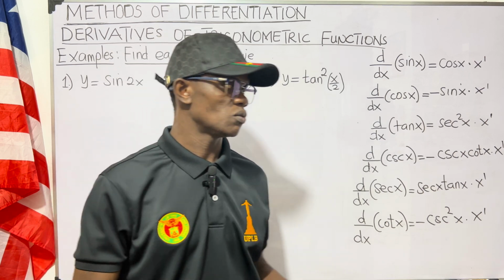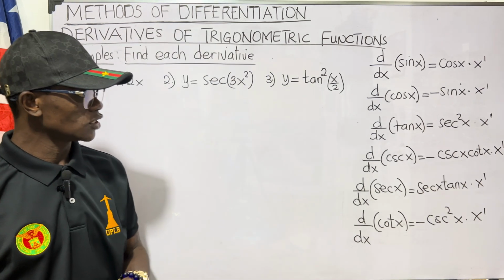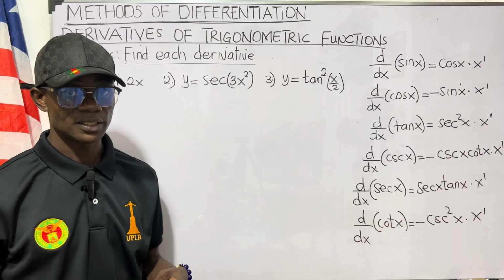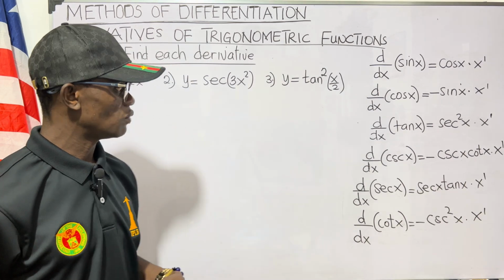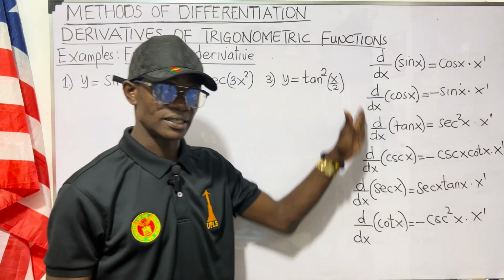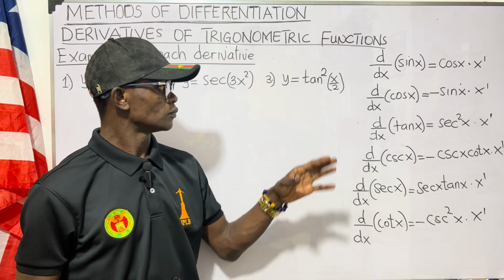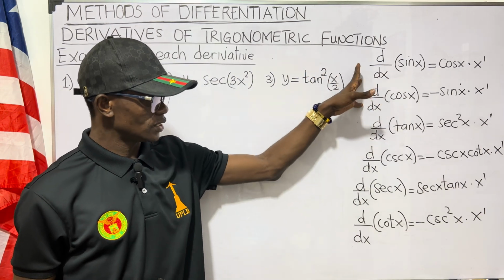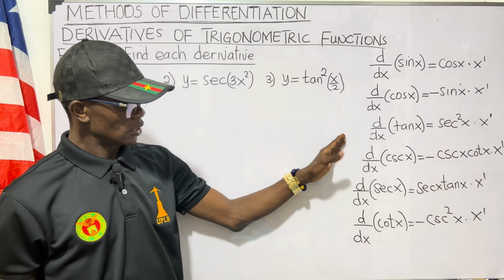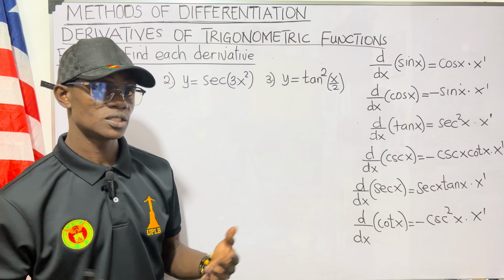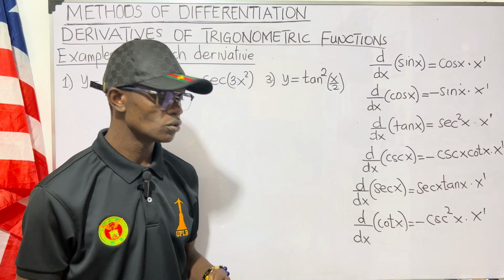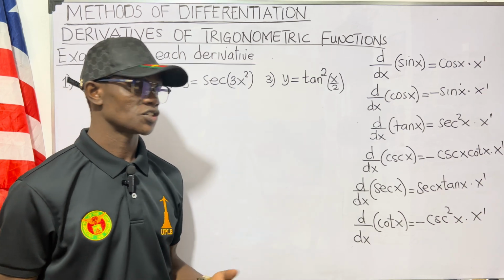So in today's lesson, we want to look at some problems involving derivatives of trigonometric functions. In the previous lesson, we derived the trigonometric identities from the first two identities. We were able to derive the other four trigonometric derivatives using the quotient rule of differentiation.